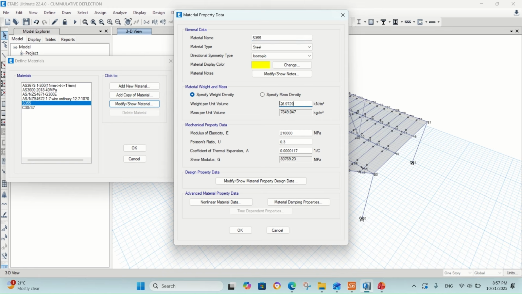So here simply we will go and multiply this number by 15%. So here the weight is adjusted to account for the connections, and that's all we need to do.